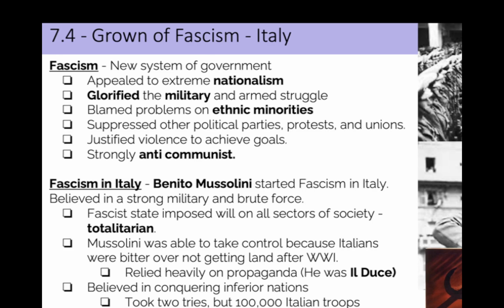It creates a totalitarian state, which means one person has complete control over all aspects of government. Totalitarianism, which is in the second row, by the way, is when one person has complete control over the economics, the government, and the policing.